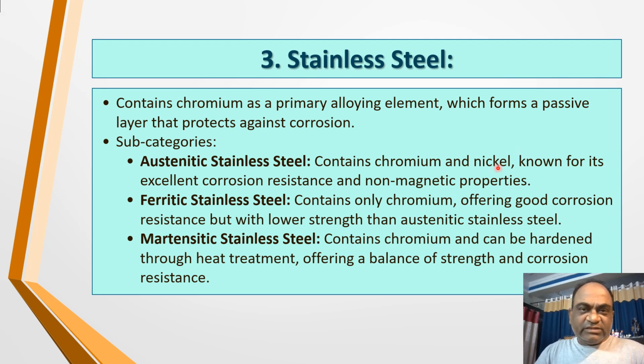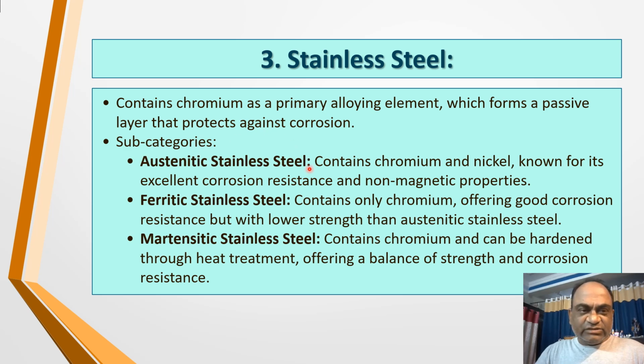The third one is stainless steel, which is the most popular one, that you must have seen and heard about. It contains chromium as the primary alloying element, which forms a passive layer that protects it against corrosion.